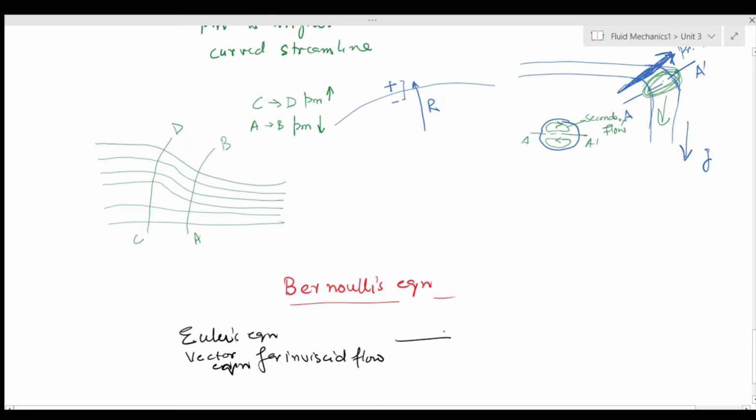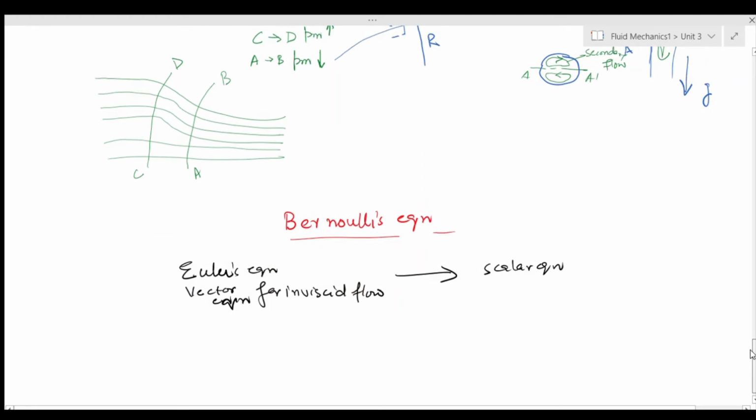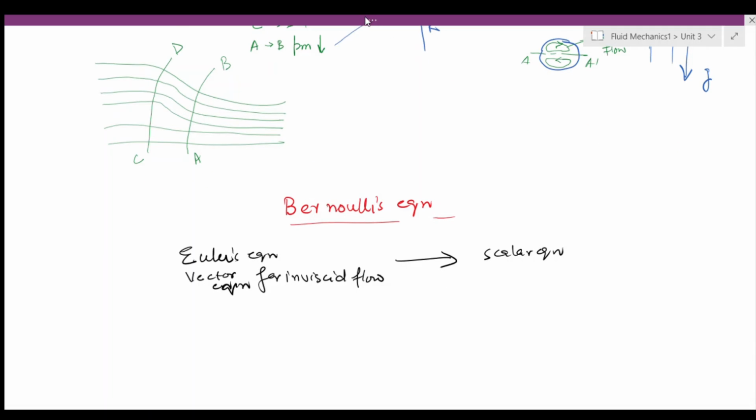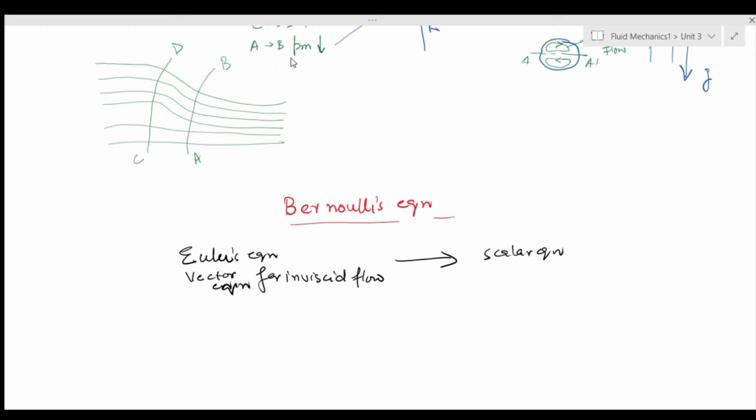Now it can be transformed into a scalar equation, and let us see how to do that. We can transform it into a scalar equation, and for that we would again take a particle moving along a path, and that path is, let's say, moving from 1 towards 2, and this line is actually nothing but a material line. So we are looking at a particle which is moving in such a way.